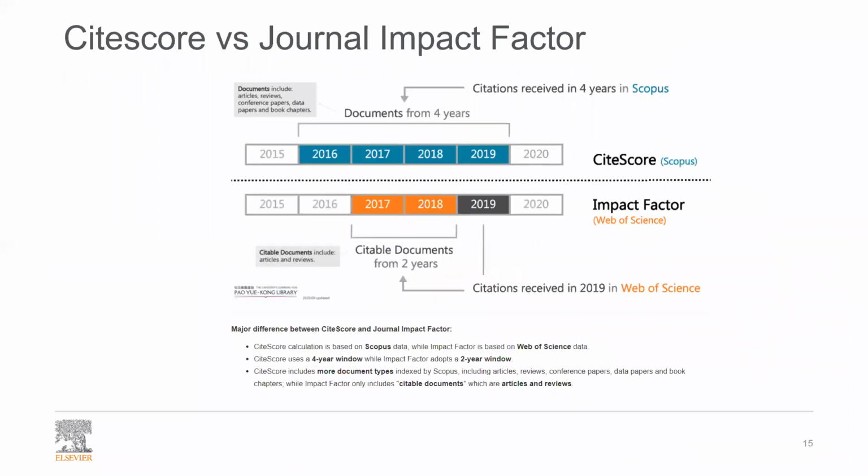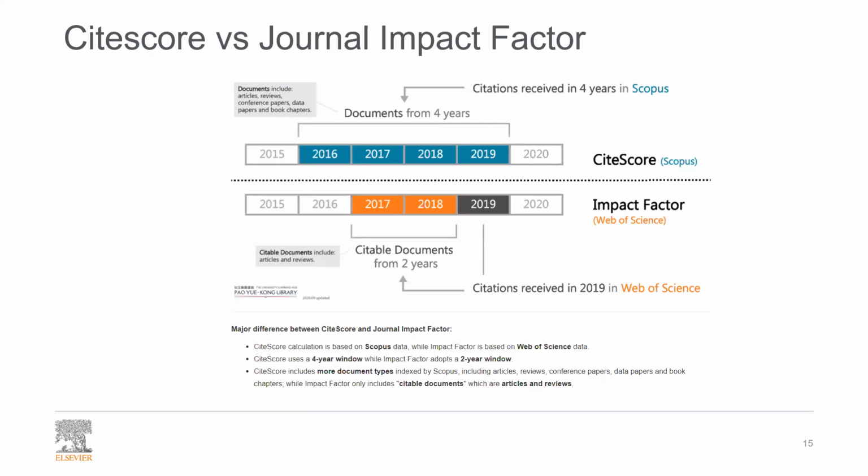And you probably want to know what CiteScore is versus journal impact factor. For CiteScore in Scopus, as I told you, we take the documents and the citations on a 4-year basis. Whereas for impact factor, they only take the citable documents from 2 years and the citations received in that particular year.